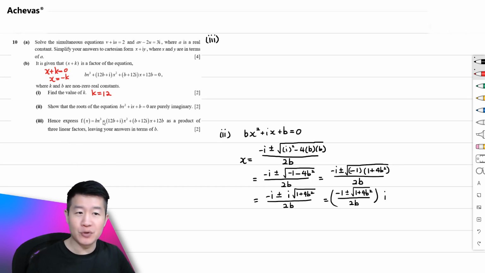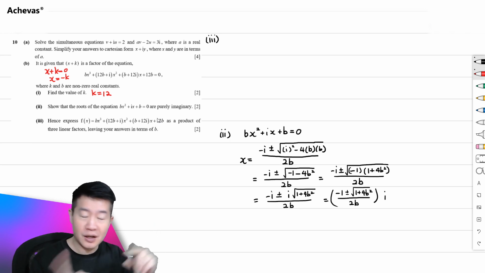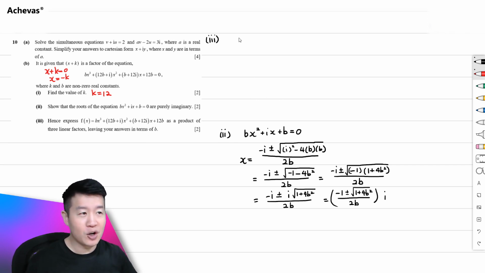This is x to the power of 3, so we will be expecting 3 roots. That is why we should have a maximum of 3 linear factors. And since one of the factors is already given to us as x plus k, I'm going to either do a long division to find the other factor, which is going to be a quadratic factor, or we can do a comparison. Let's try a comparison, okay?